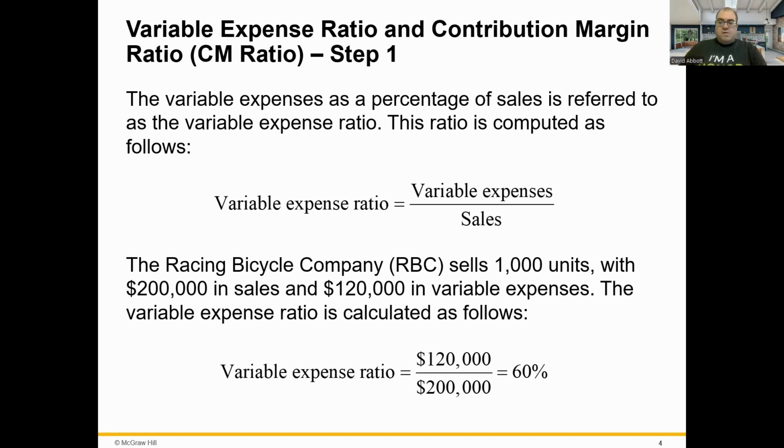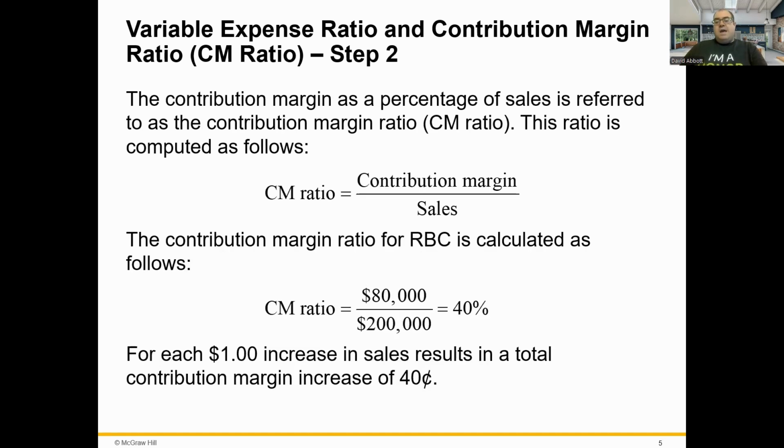If we take that and divide it over the sales, then we'll get the CM ratio. And so for RBC, the CM ratio is 40%. Thus, each dollar in sales results in a total contribution margin increase of 40 cents.